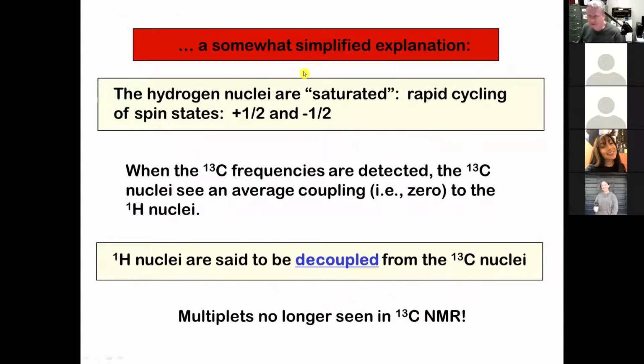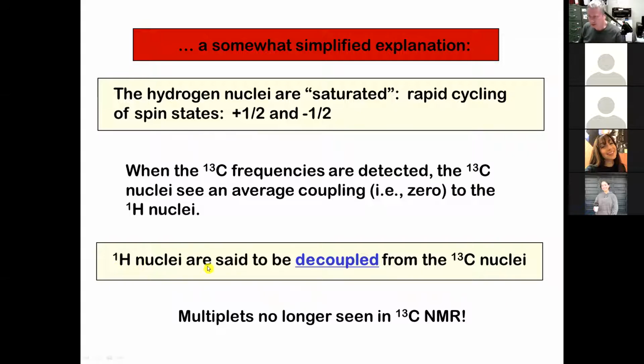This is a simplified explanation. You don't, again, need to know the theory. Proton nuclei are saturated, and they cycle between their two spin states. When the C13 frequencies are detected, C13 nuclei see an average coupling, and basically the coupling gets erased. Somebody said, can I explain one more time? Yeah, I'll explain one more time.